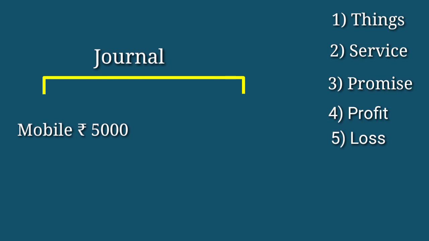So you got the mobile with a price of 5,000. So we can say this 5,000 is your profit because you are not giving any service, any things or any promise. Okay, so we can write directly here profit 5,000.